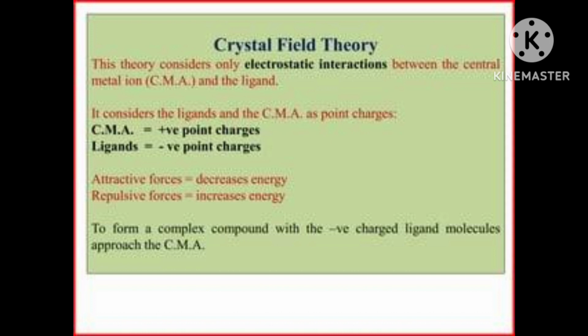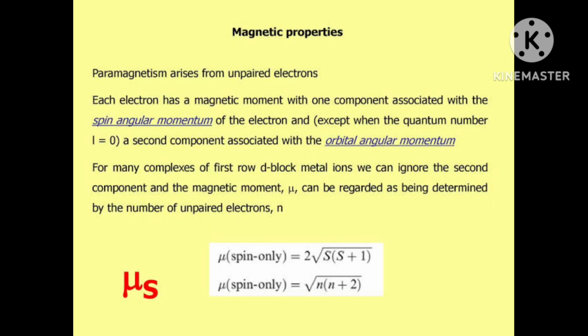For metal ions with up to 3 electrons in the d orbitals, like titanium 3+, it has d1 electronic configuration. In d it has 1 electron.